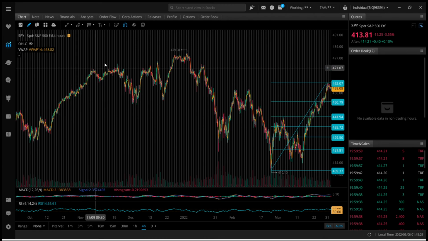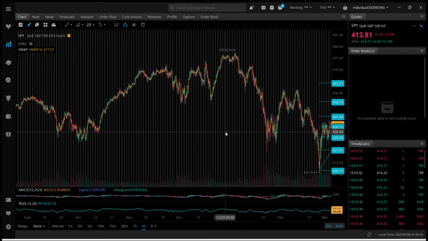I'm sorry, demand zone, and it shot up after that. If we go back a little farther, I can't zoom out too much more, but we're on the 4 hour. But yeah, ultimately you see these areas were past supply and demand zones as well as they are now.